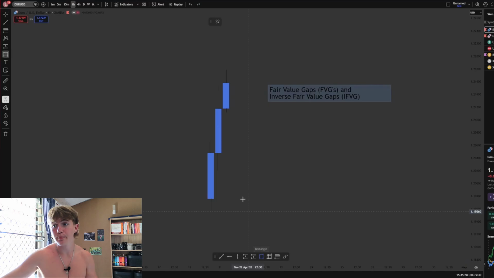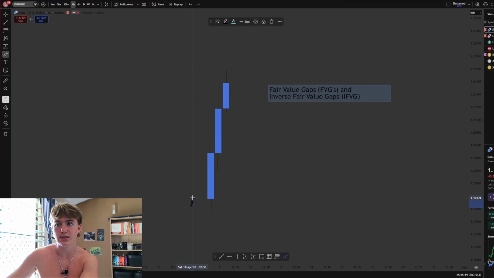The gap is right here. We see this wick. This is where this candle went before closing here. The candle started right here, moved all the way down like a snail and left a little trail.